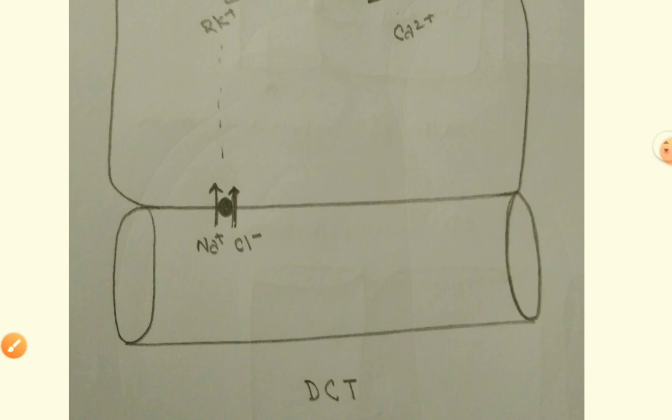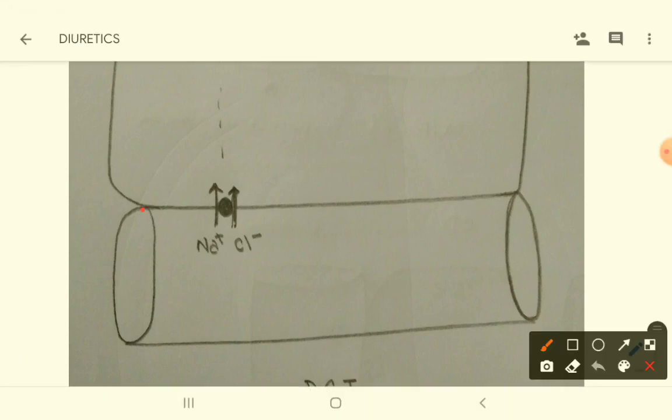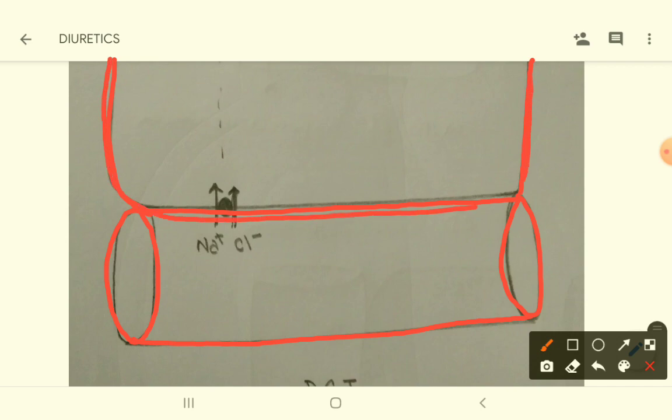So this is your tubular lumen, and this is your epithelial cell, the renal tubular epithelial cell, and here is a special transporter which is the sodium chloride co-transporter, through which sodium and chloride are transported.